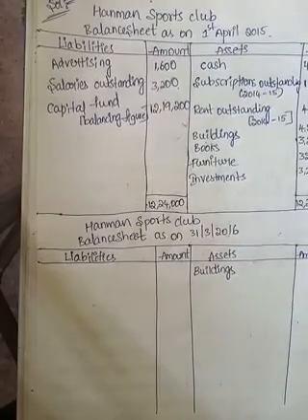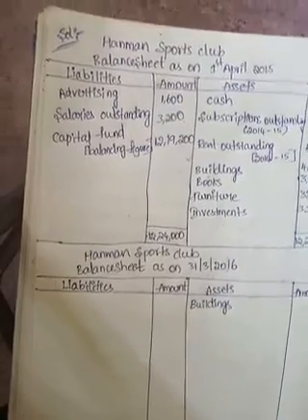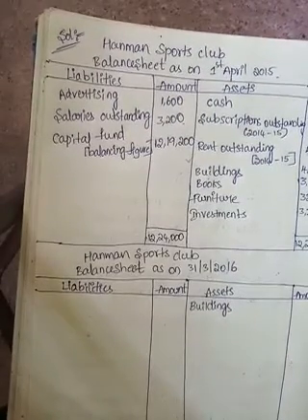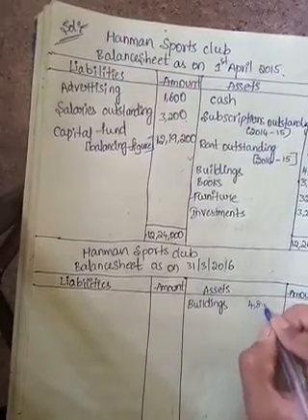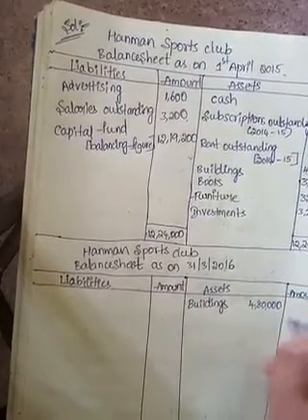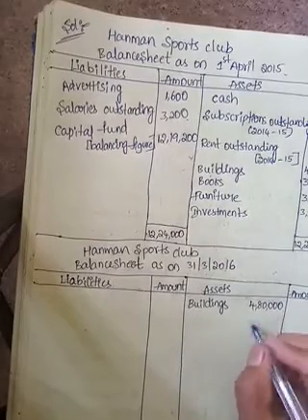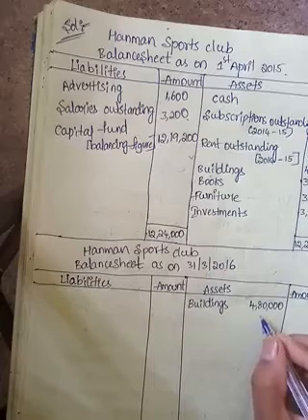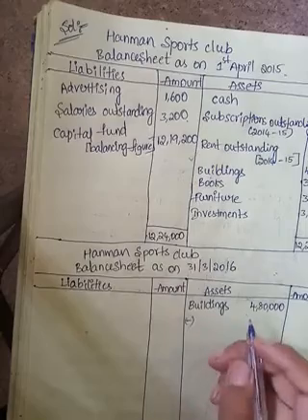How much is the building's value? Building's value is 4,80,000 less depreciation. Where is it?